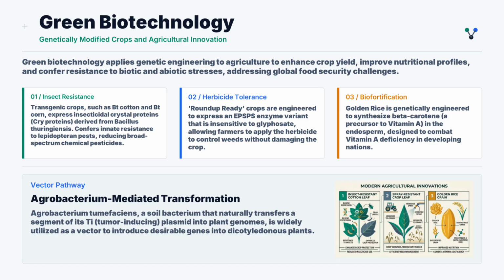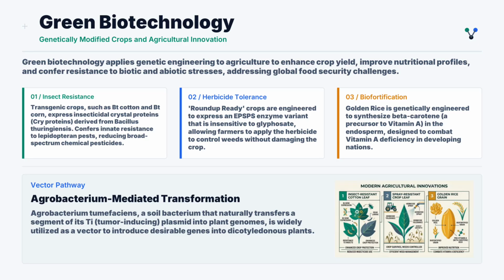Green biotechnology applies molecular engineering to agriculture to enhance crop productivity, reinforce stress tolerance, and support global food security. Key breakthroughs include pest-resistant Bt crops that produce Bacillus thuringiensis crystal endotoxins to target insect pests while lowering chemical pesticide use, as well as herbicide-tolerant crops engineered with insensitive EPSPS enzymes to allow targeted weed control.